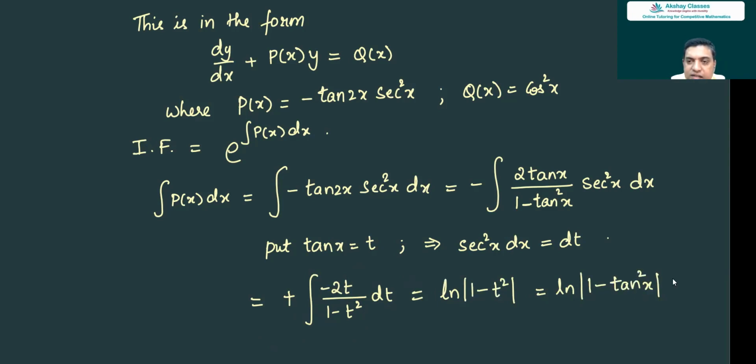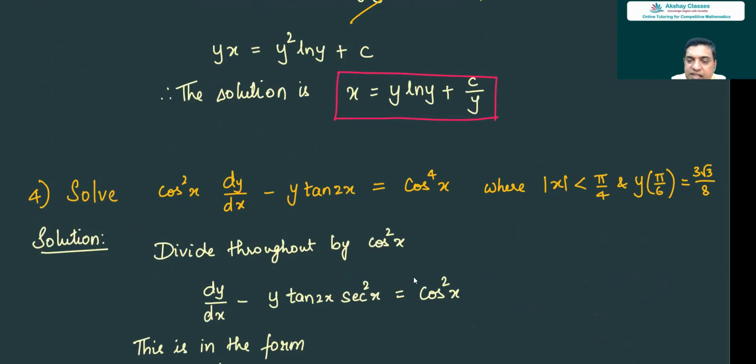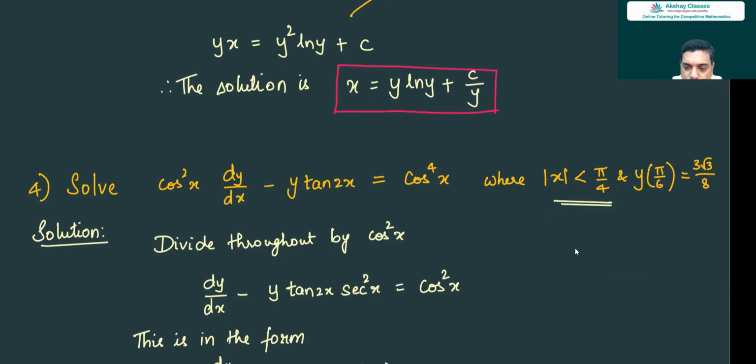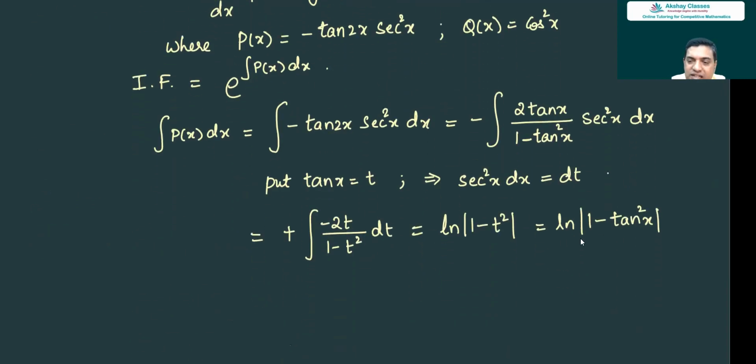Now, given that, important, x lies between minus pi by 4 and pi by 4. That means the values of tan x will lie between minus 1 and 1. So tan square will lie between 0 and 1. In that case, 1 minus tan square will be a positive quantity.